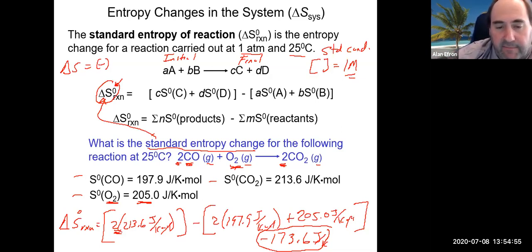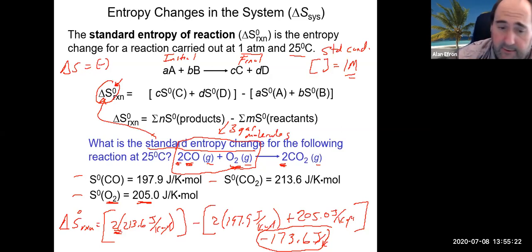So if we just simply look at the equation that we got going on there, we can make a pretty safe prediction to see if our calculation was right. And what we see when we look at the actual equation is on the reactant side, we started with 3 gas molecules.